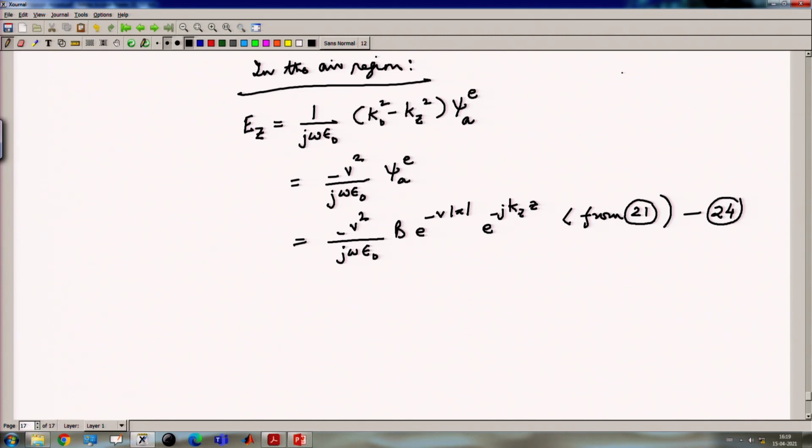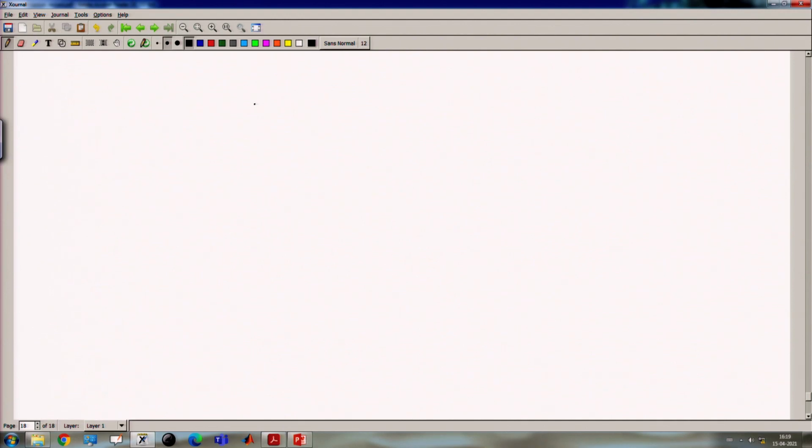Similarly, we can find out H y, the tangential magnetic field in the air region.